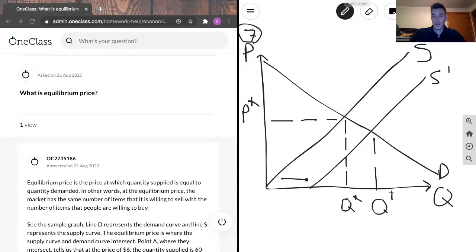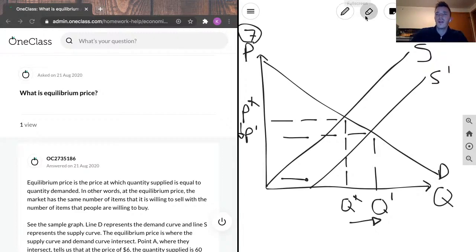Call that Q prime and P prime. So as we can see, if the supply were to increase for whatever reason, then the result would be an increase in the quantity demanded, quantity available, and a decrease in the price it costs.